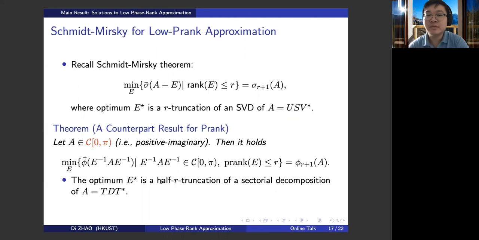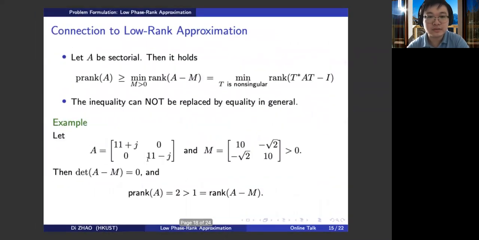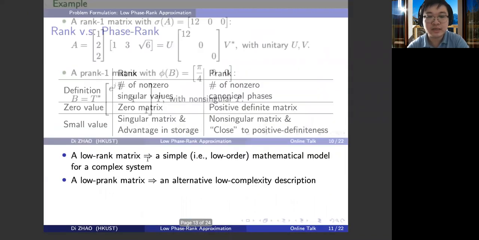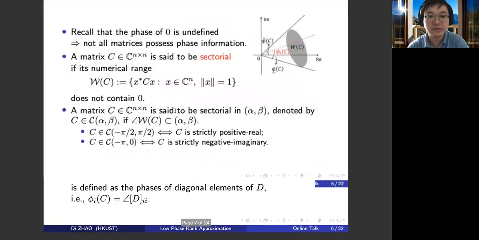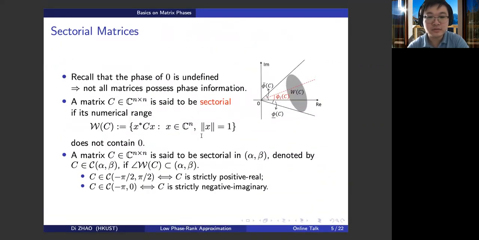Okay, spectrum. So here the phase is, yeah. Let me see. Maybe we can understand this problem from the definition of phase. A sectorial matrix is like this. This numerical range contains all the spectrum of a matrix. So if lambda is an eigenvalue of this matrix C, then it is obviously contained in this numerical range on this complex plane.